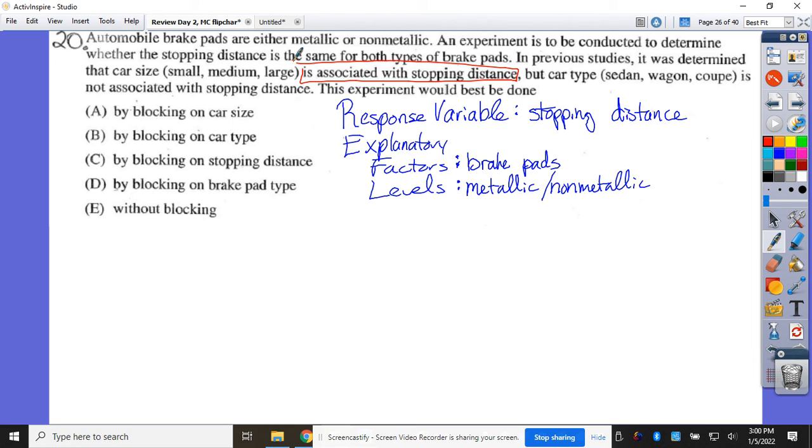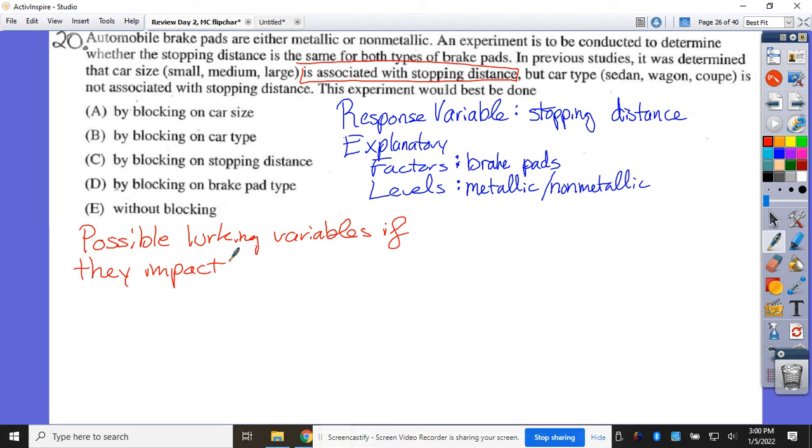A lurking variable that could cause confounding. If they impact the what? You just told me. The response.